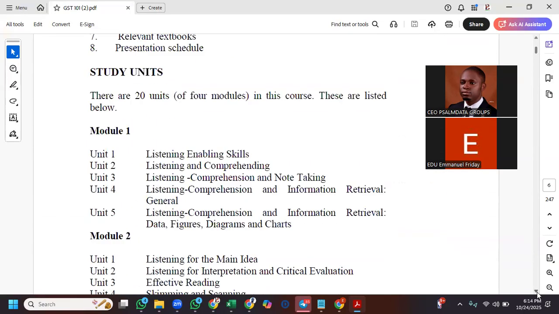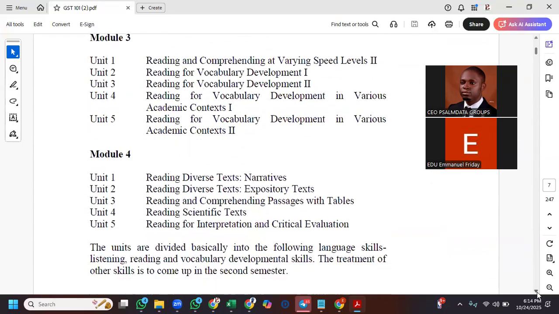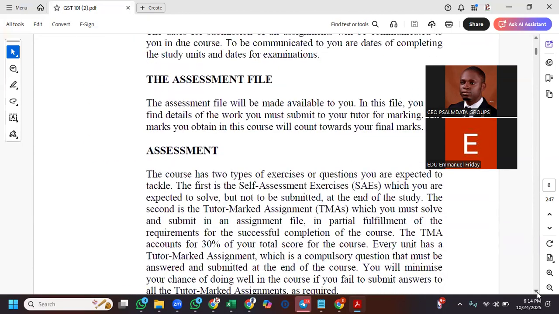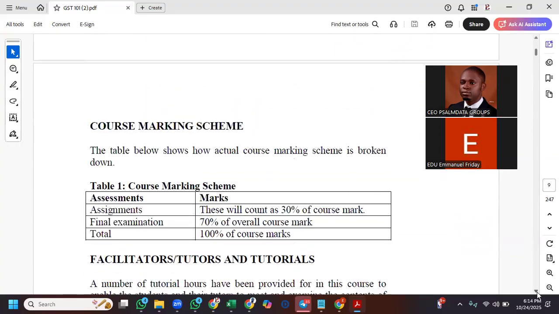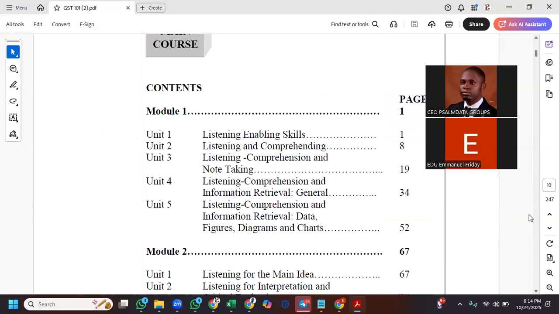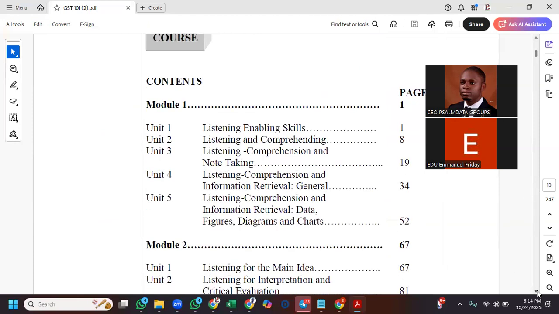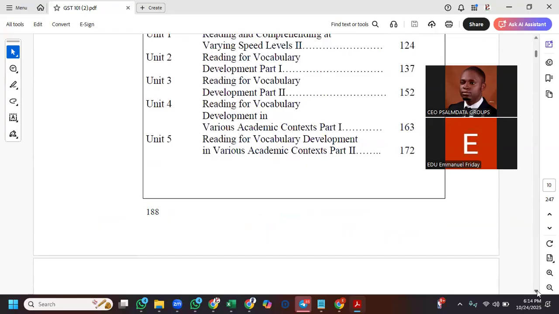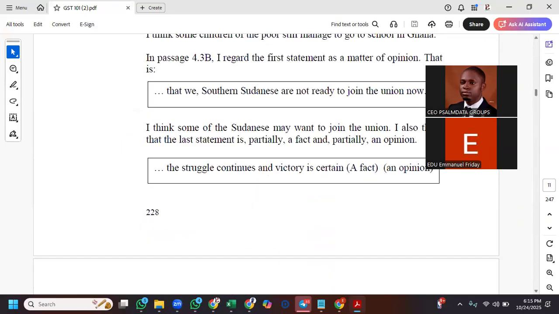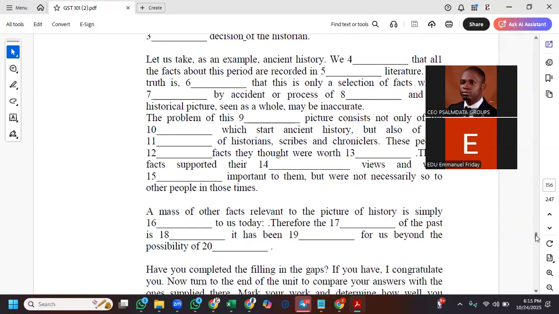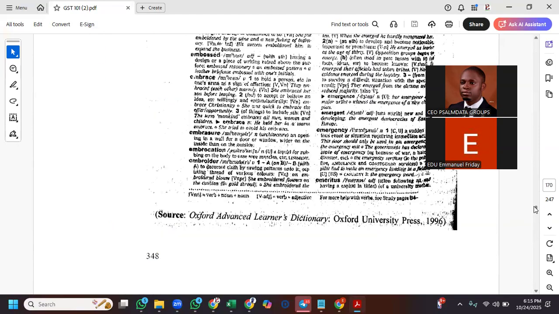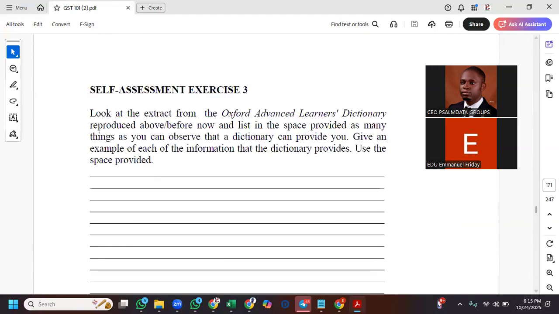Okay, all right, let's see it from here. Module 4 is starting from page 179. That's good.